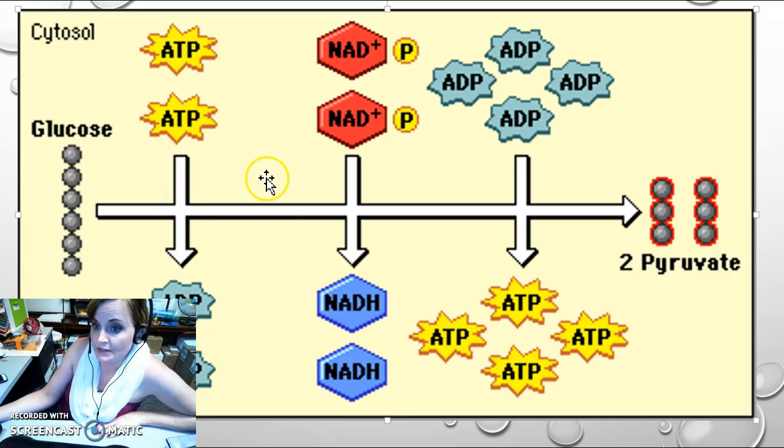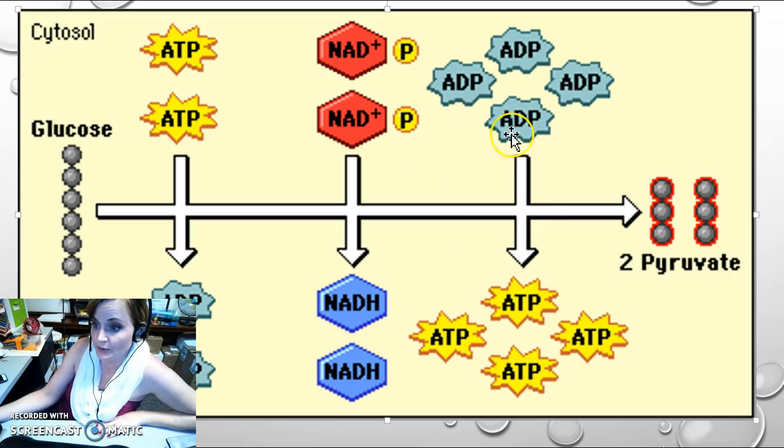And you also need to contribute 2 NAD, 2 phosphates, and 4 ADP. And what leaves this is you get 2 ADP, 2 NADH, and 1, 2, 3, 4 ATP.